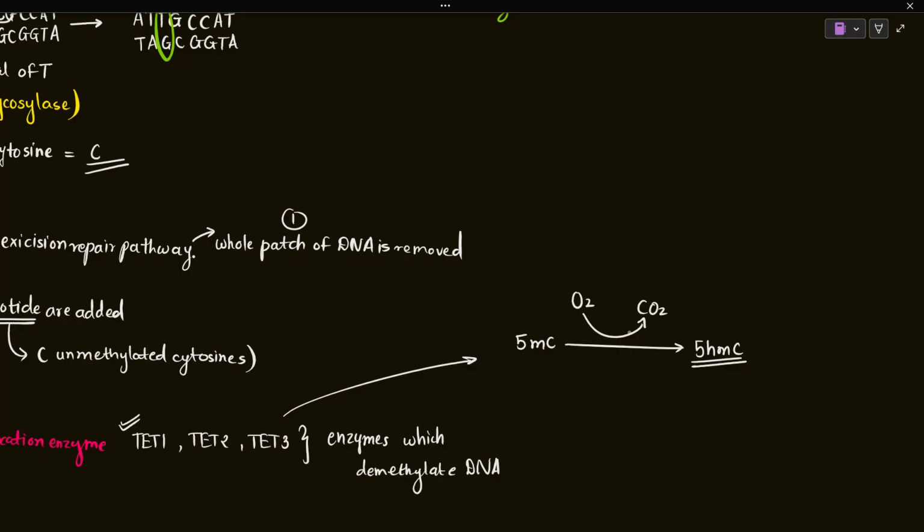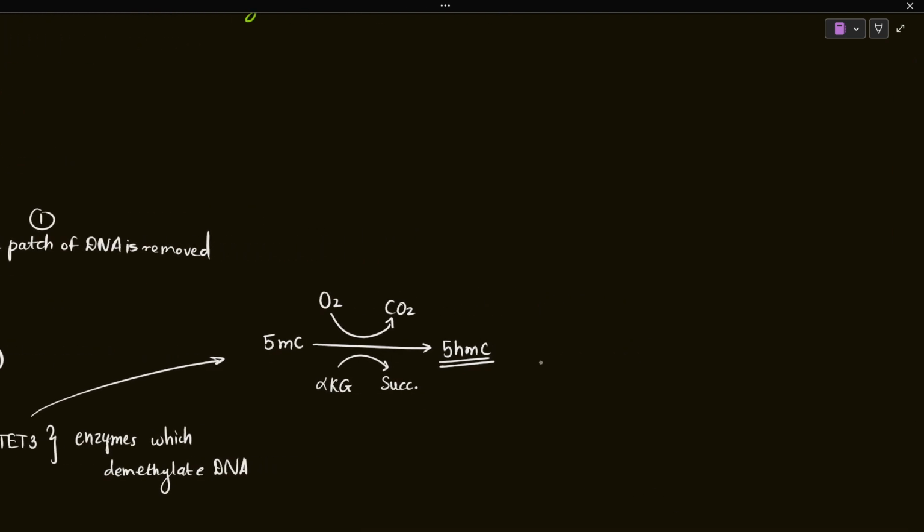So 5-methyl cytosine is oxidized into 5-hydroxymethyl cytosine. The cofactor for TET enzymes is alpha ketoglutarate, which in the process is converted into succinate. This oxidation doesn't stop here. This is not the final product; it is a series of oxidation steps. 5-hydroxymethyl cytosine can be further oxidized into 5-formyl cytosine.